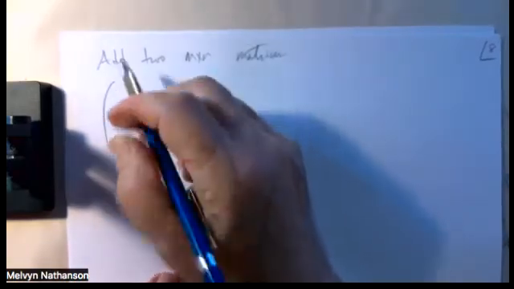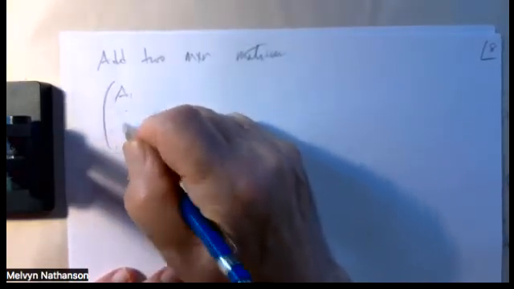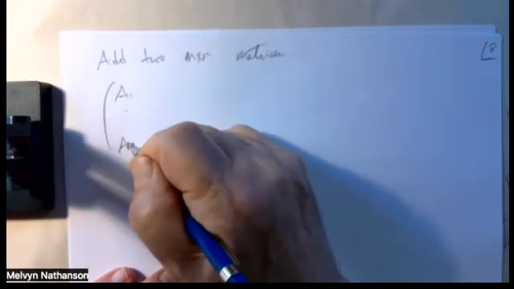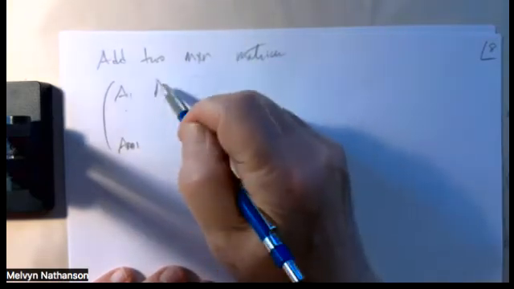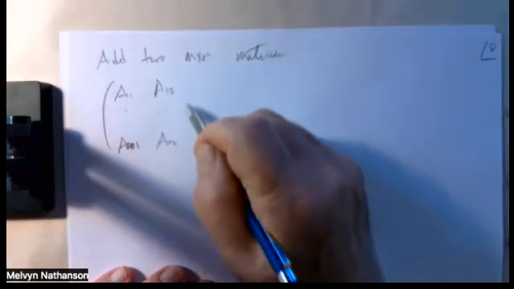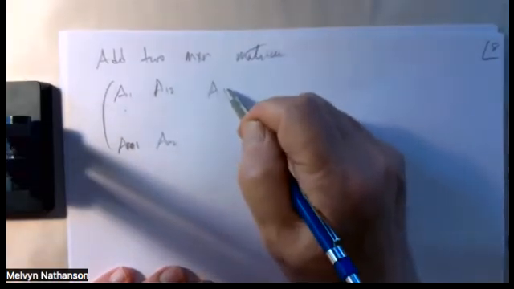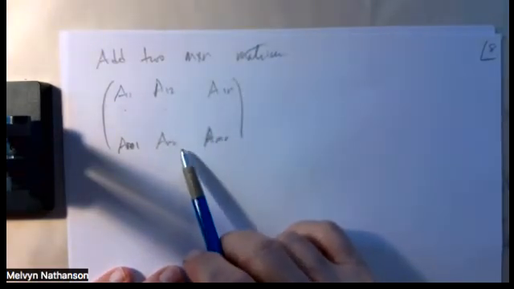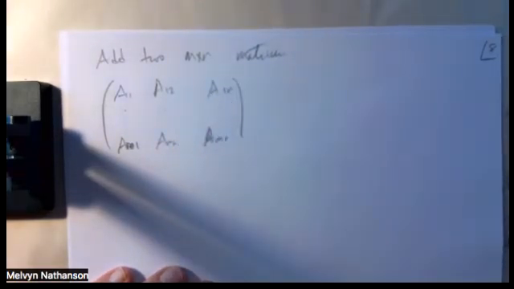Suppose I have the matrix A11, A1, AM1, A12 down to AM2, A1n down to AMn. This is one m by n matrix.